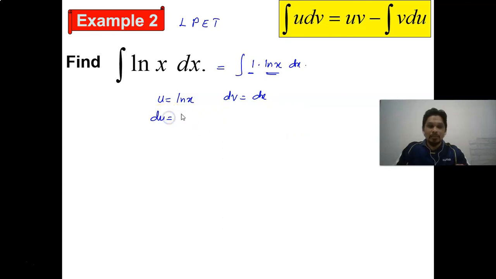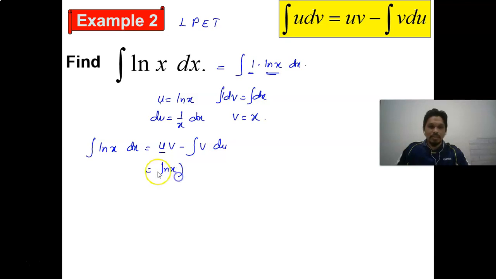So then du equal to the derivative of ln x, 1 over x dx, and integrating dv left and right, v equal to x. So now the integral of natural log of x dx equals uv minus the integral of v du. u equal to ln x, v equal to x, minus the integral of v, which is x, times du equal to 1 over x dx.